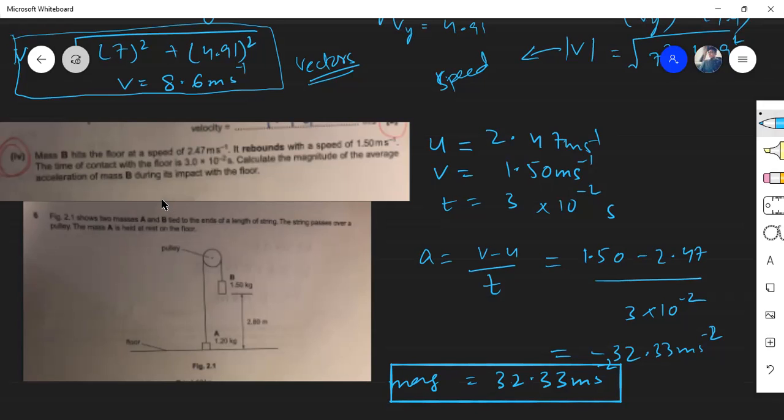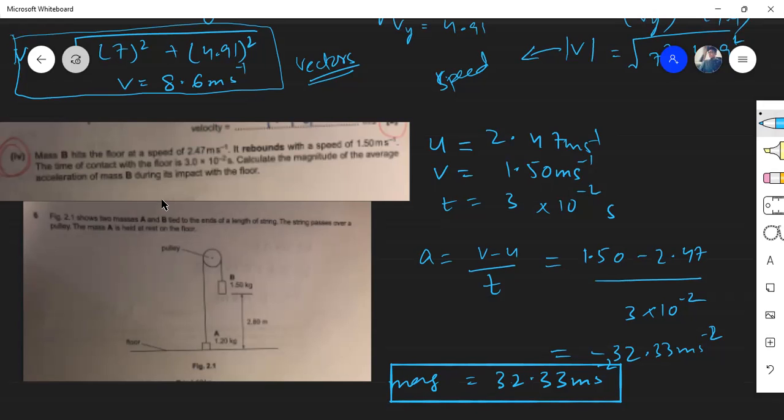Oh, I must have missed something. Let me take it again. So this is 1.5 minus 2.47 divided by 3 times 10 to the negative 2. For the change in velocity, I added the 1.5 and the 2.47 instead of subtracting. I see what I did incorrectly.